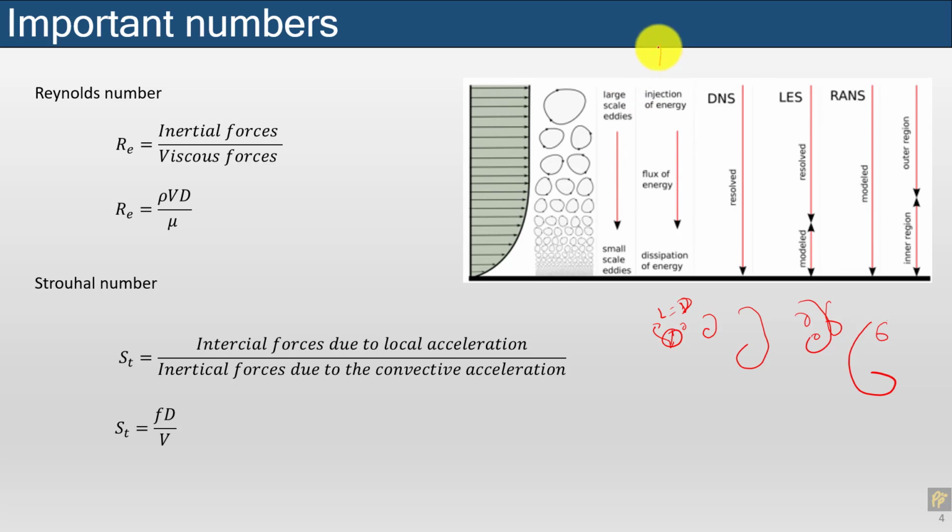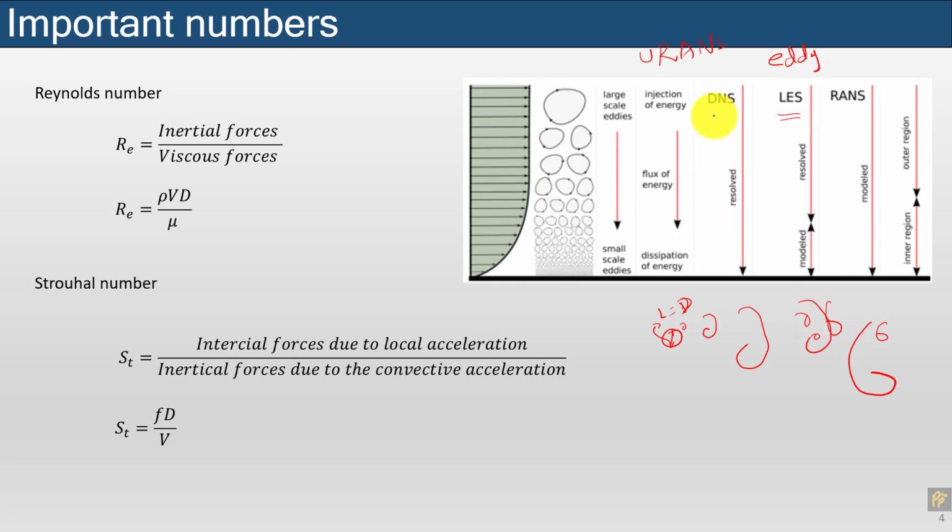For turbulent flow, URANS will only resolve the single largest vortex in your flow. This will solve the largest eddy in the problem. If you go with LES, it is going to solve the majority of the eddies, but it will not solve the smaller eddies.